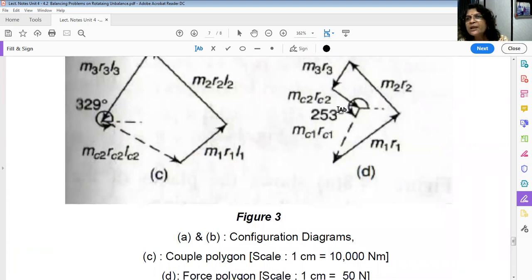So keep your angle protractor here, measure the angle 329 degree and draw this vector. What is the length? MC2 into that one that we have found out. So this is the length and this is the direction. Now you are here. So what we have drawn? O1, 1, 2, 2, 3, 3, 4.